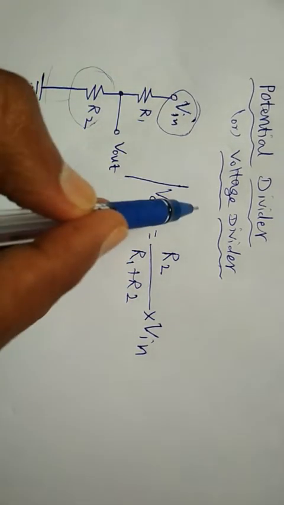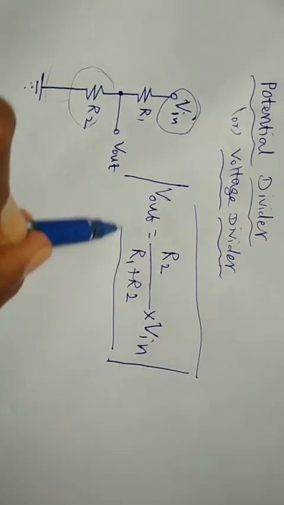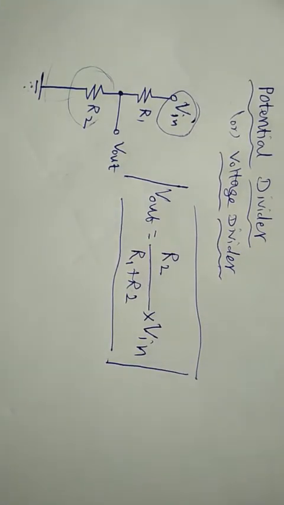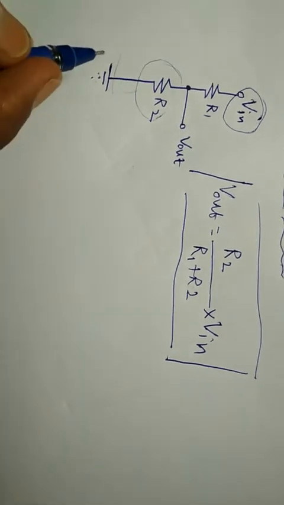With the help of this equation, we can easily find the output from this potential divider, and by properly choosing R1 and R2, we can fix the output according to our requirement. We will see this with the help of an example.